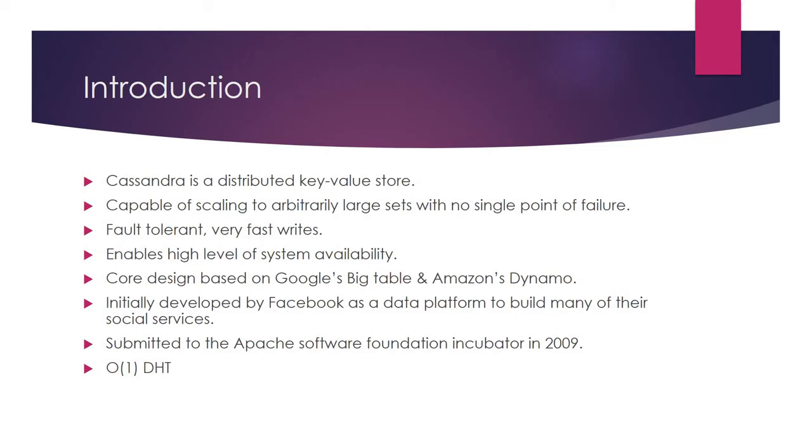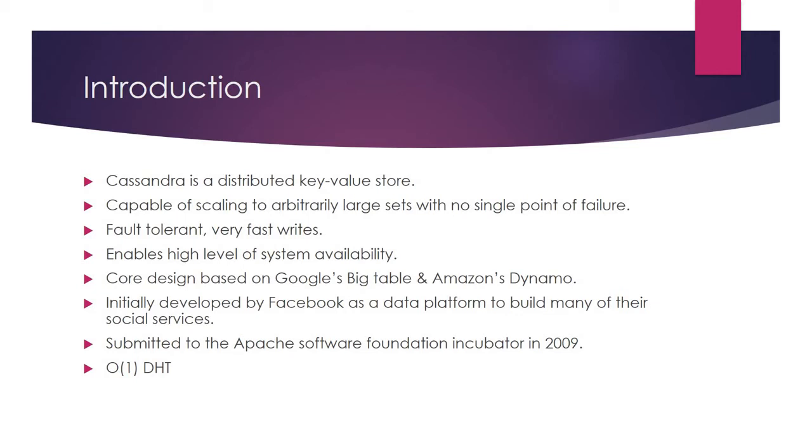That is because Cassandra enables this high-level system availability by compromising data consistency, but it also allows the client to tune the extent of this trade-off. So basically it allows certain trade-offs to choose between consistency or availability. Also, its core design is based on Google's Big Table and Amazon's Dynamo.